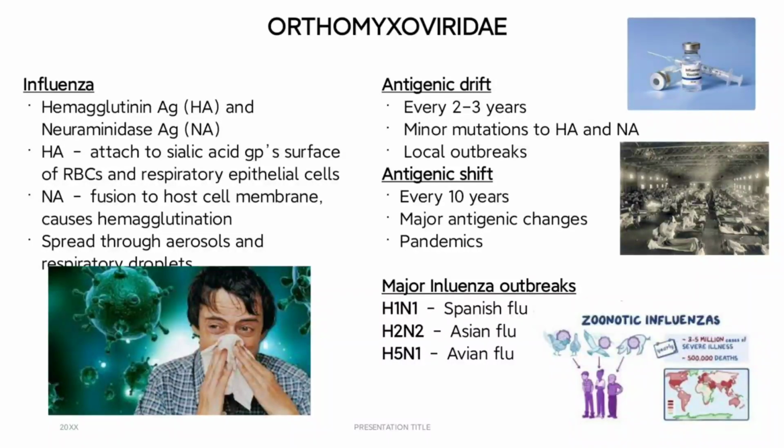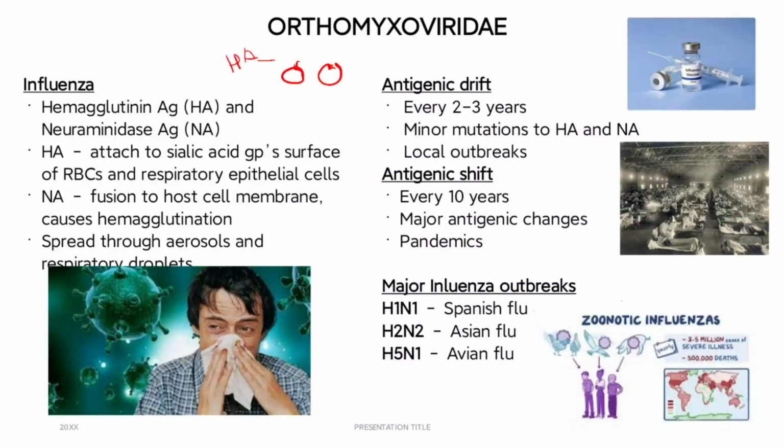Okay? On the other hand, the neuraminidase antigen or the NA, yan naman ang dahilan why the virus itself fuses to the host cell membrane. Nagsasanib sila, no? Pag nag-attach siya sa RBC, pagka-attach niya, makakapasok na siya. So, yung pag-attach niya, ang dahilan doon, yung HA.